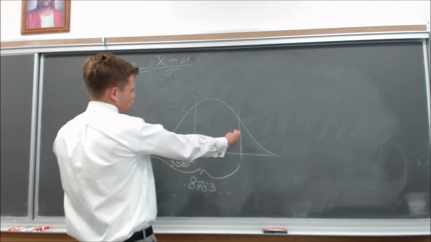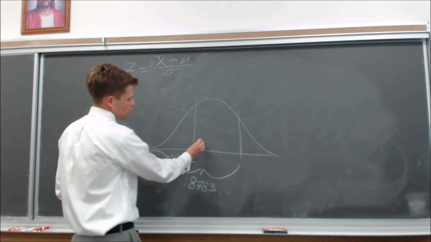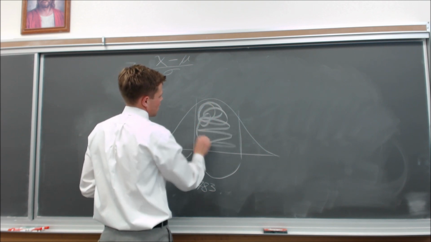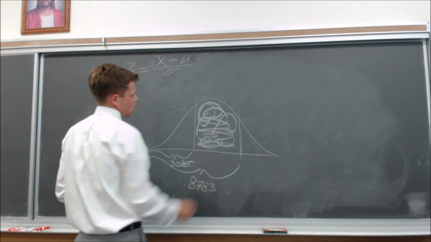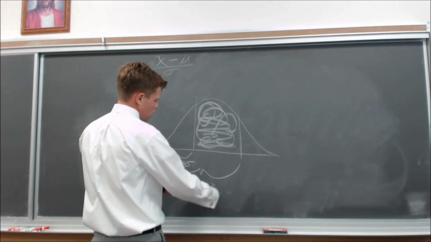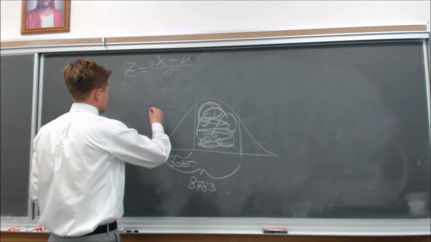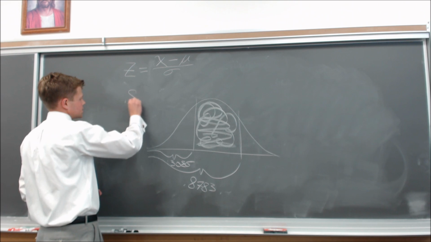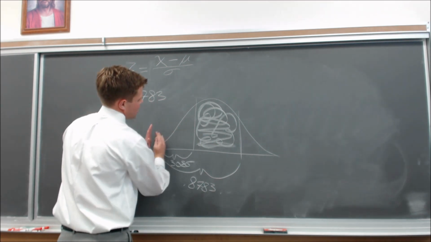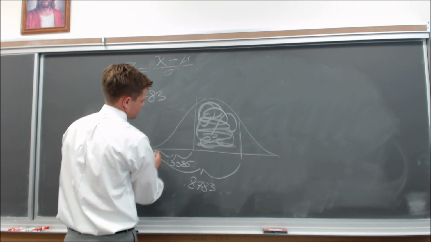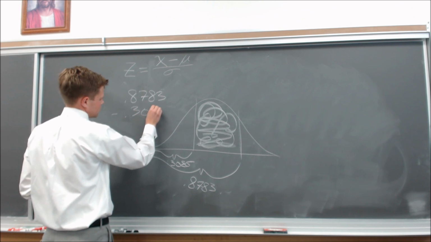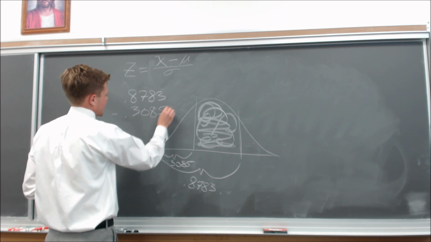Okay, so we have this whole one and then a small one. Now what we're looking for in this problem is how many particles are in between those two values. Okay, so since we have the big one, we're going to take the 0.8783, and then we're going to subtract off this part because we're not worried about these particles. So it's minus 0.3085.